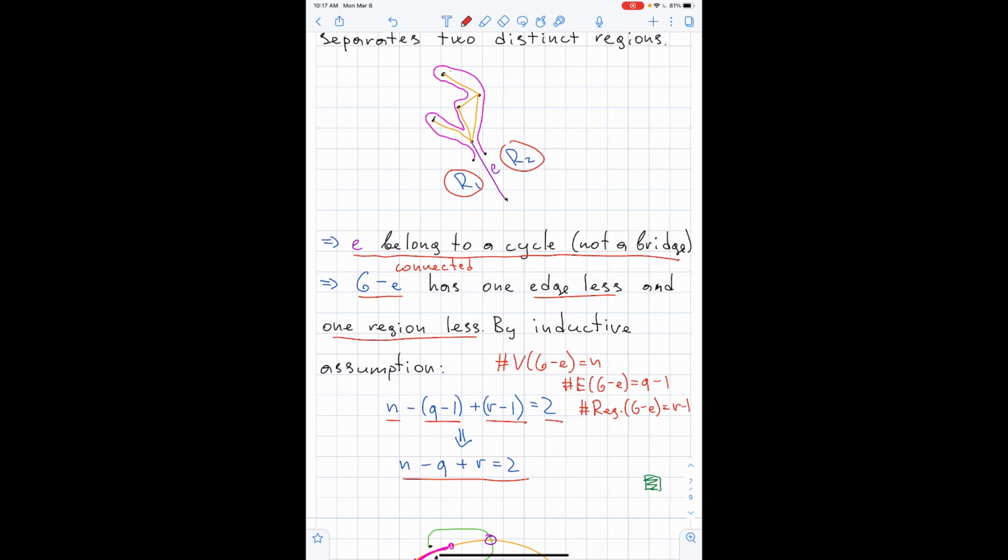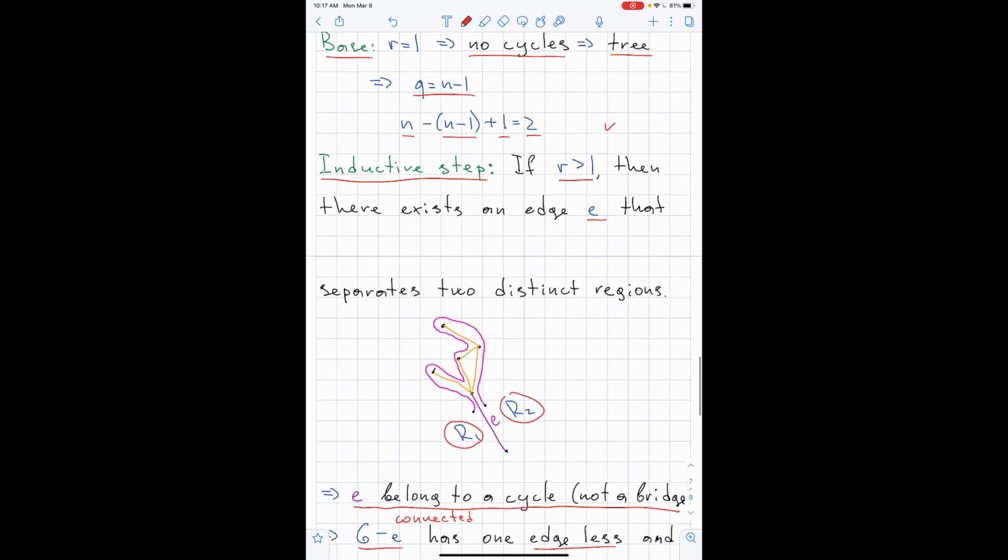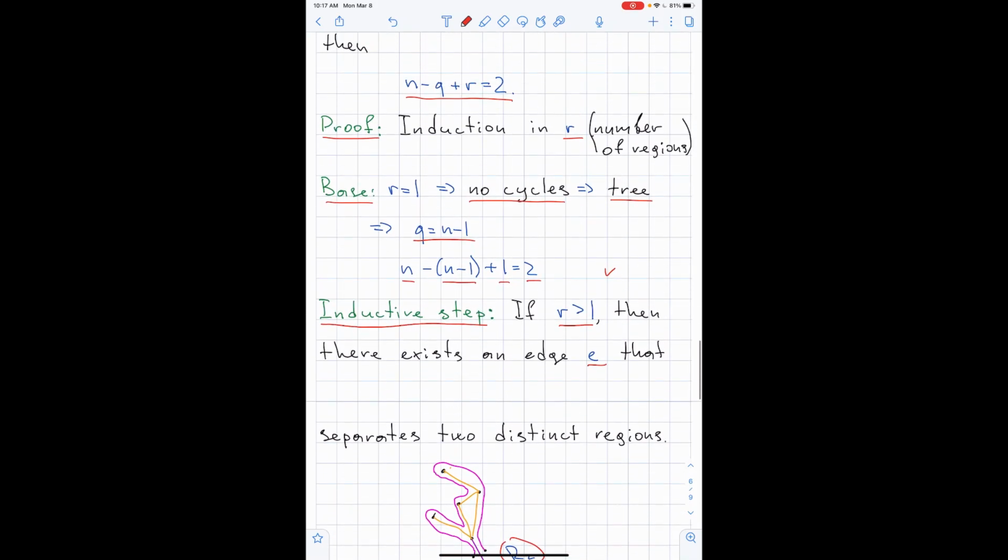So essentially what is happening here is that if our graph is a tree, then everything is fine. We know that there is just one region and the number of edges is one less than the number of vertices, so the formula holds.